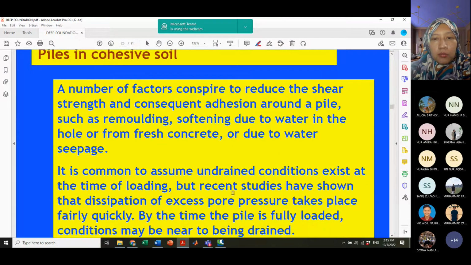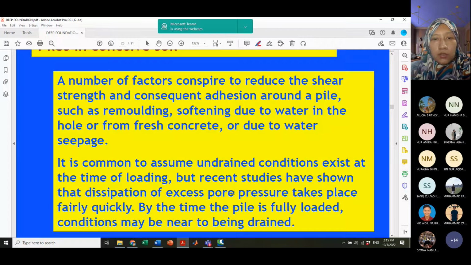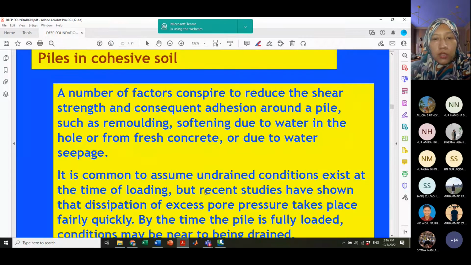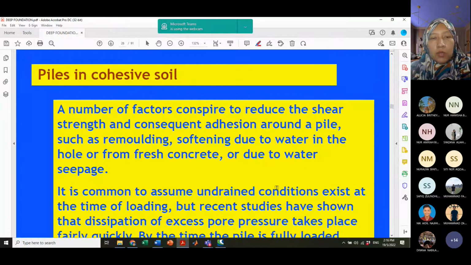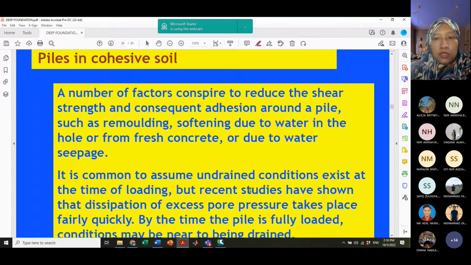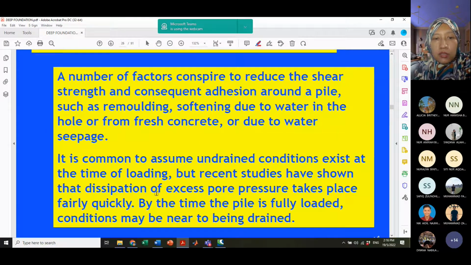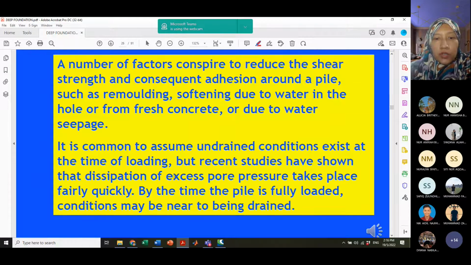Okay, the next slide explains in details how the situation in the clay can be differ from using alpha method ataupun menggunakan beta method. So remember the characteristic of the cohesive soil ataupun clay, the material itself is having low permeability, so that bila clay in undrained conditions exists at the time of loading, but have shown the dissipations of excess pore pressure takes place fairly quickly.